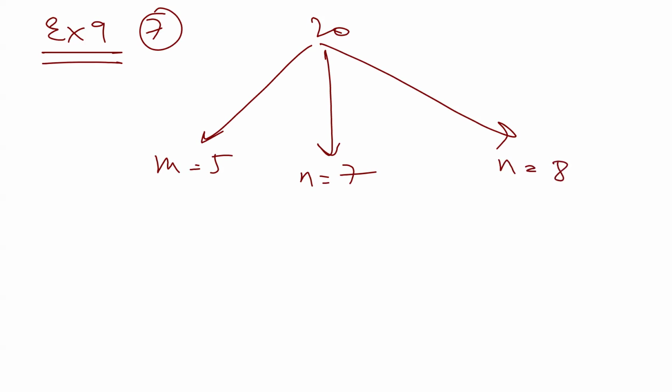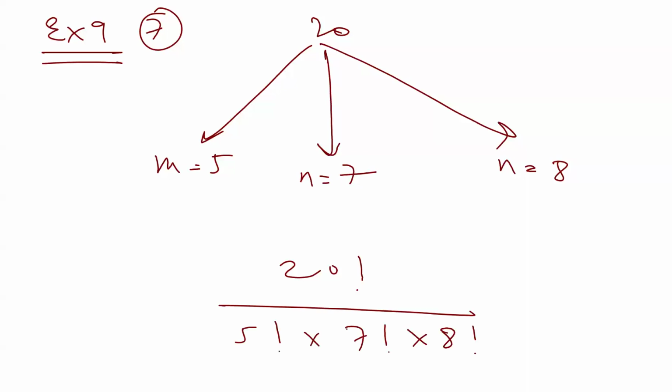Right? So 5 plus 7 plus 8 is 20. So the grouping formula will become 20 factorial upon 5 factorial, 7 factorial, 8 factorial. Had it been distribution to 3 different people, we could have multiplied 3 factorial, but they are not asking about distribution. Okay, that was question number 7.